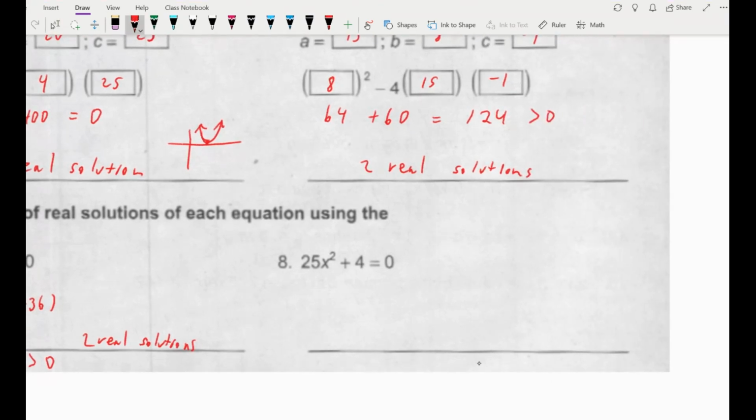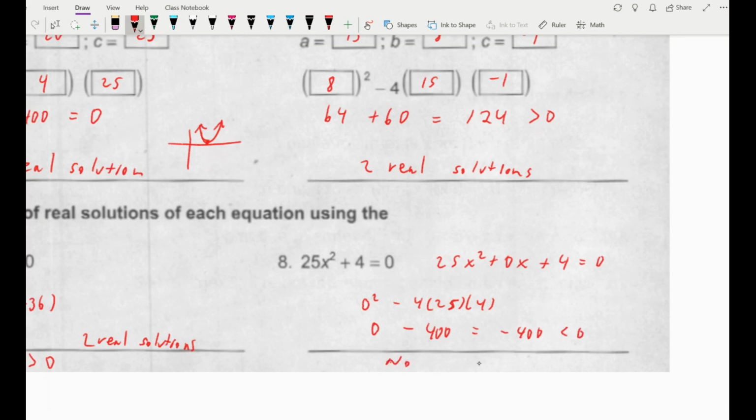Last one. I'm going to rewrite this here because there's no b value. B is 0. So 0 squared minus 4ac. 0 minus 400, which of course equals minus 400, which is less than 0.